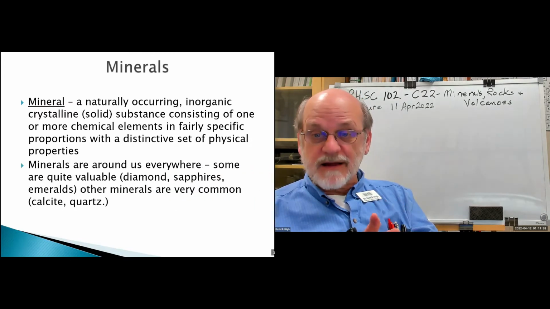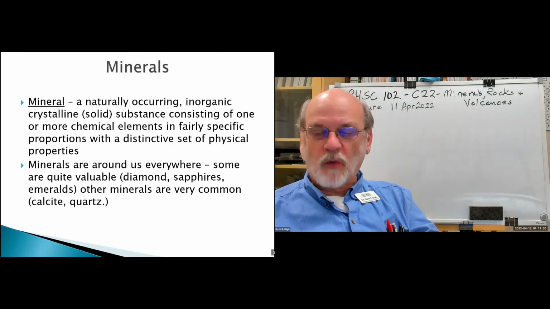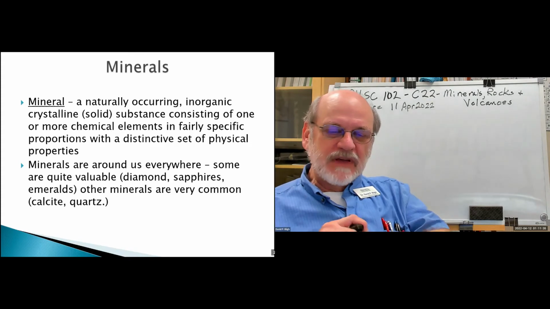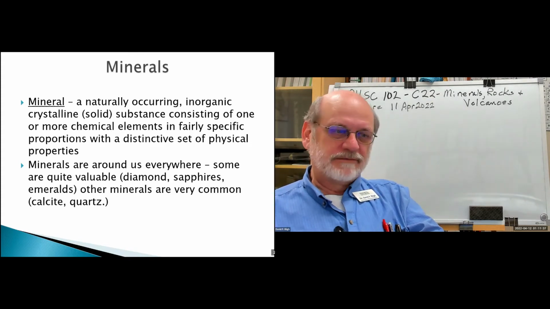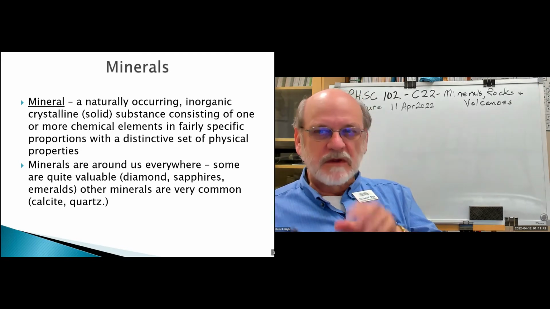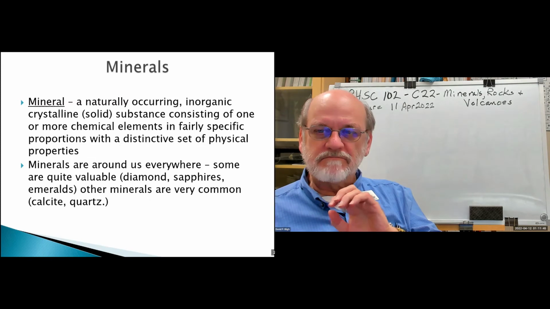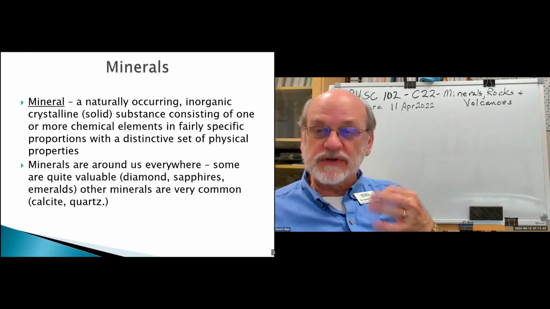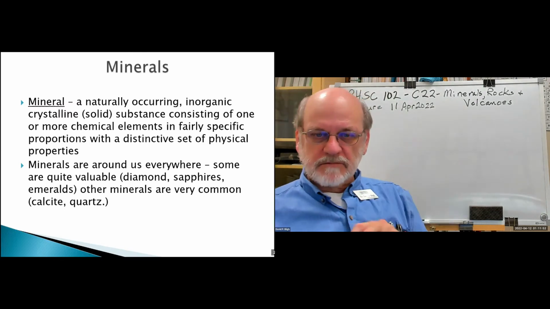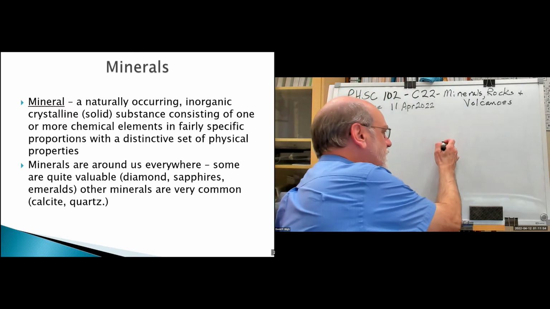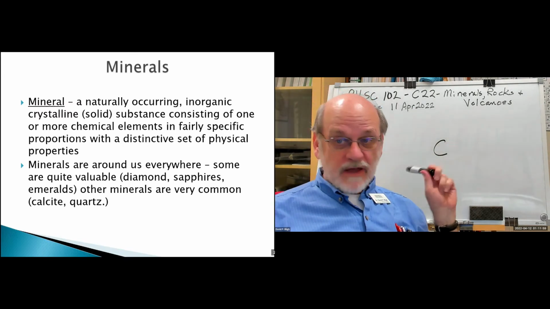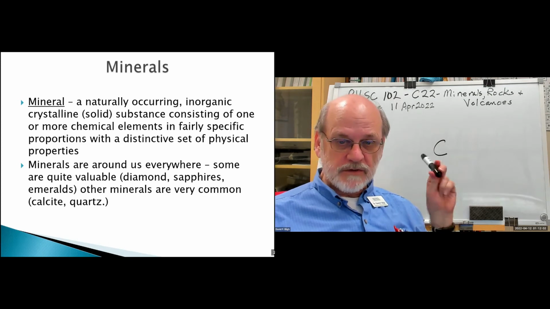They are everywhere, right? You can't walk anywhere without walking across minerals. Some of them are quite valuable, such as diamond. Now, diamond is a pure substance with maybe some added impurities that give it color. But a pure diamond, which is made entirely of carbon, if it's only got carbon in it, that is definitely a pure substance.